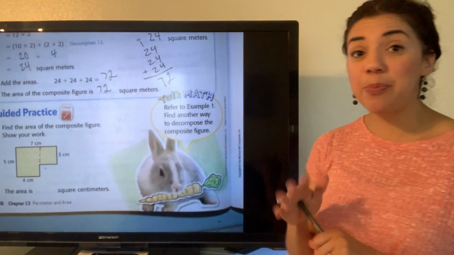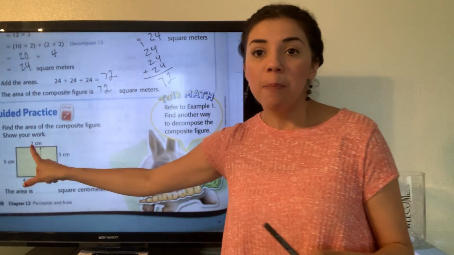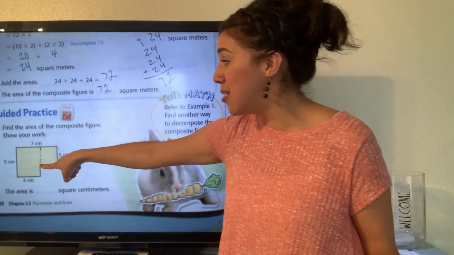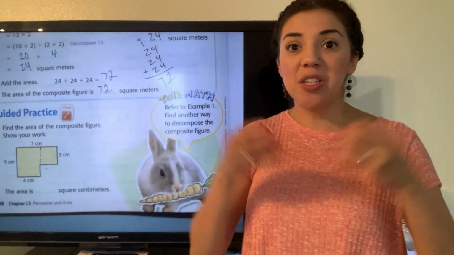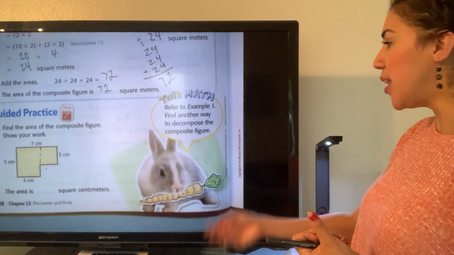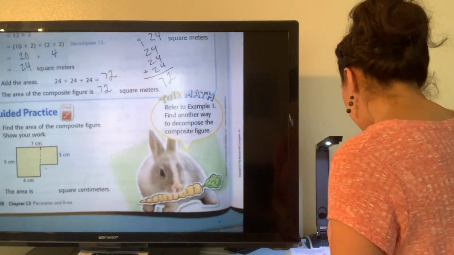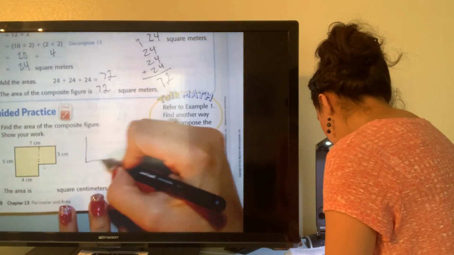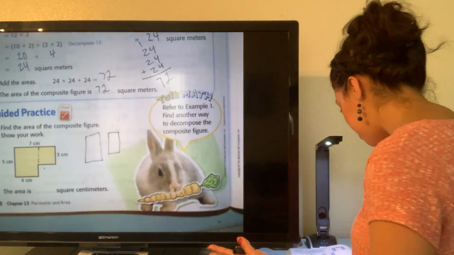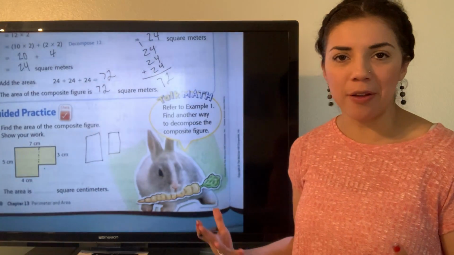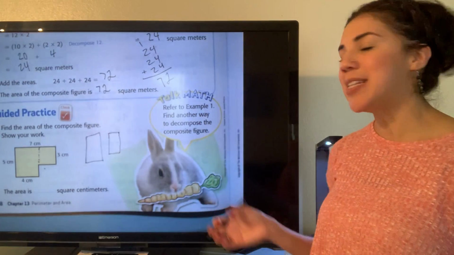Now, I split mine up right here, but you could have split yours right here. Okay, there's more than one way to decompose your figures. And so then that means that I have this rectangle and that square rectangle. I made it more of a rectangle, but it's more of a square anyways.